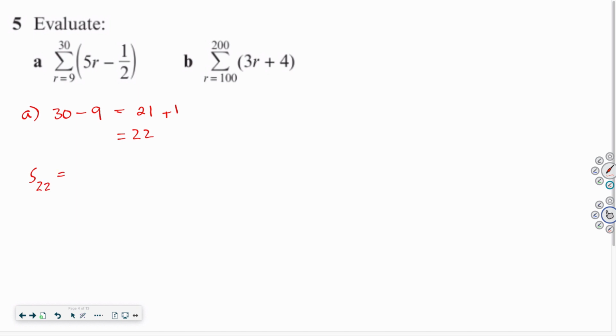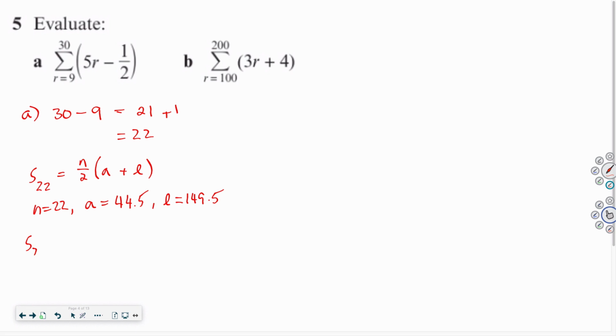So what that means is we've got an arithmetic sequence. We're going to be using the formula n over 2 times (a plus l), where n is 22. The first term is when we put r as 9 into that. And when we do that, we get 5 times 9 minus a half, which is 44.5. And the last term is when we put 30 in, and that will give us 149.5.